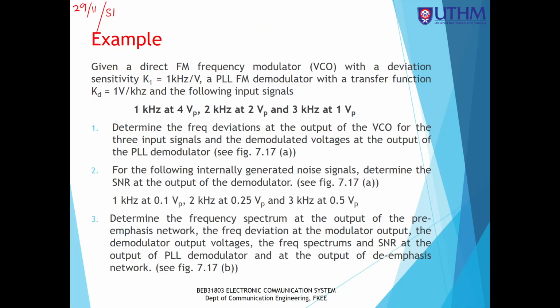Let's look at the example so that you can have more understanding. Given a direct FM frequency modulator VCO with a deviation sensitivity K1 equal to 1 kHz per volt, and a PLL phase locked loop FM demodulator with a transfer function of KD 1 volt per kHz, and the following input signals at 3 different frequencies: 1 kHz 4 volt, 2 kHz 2 volt, and 3 kHz 1 volt.